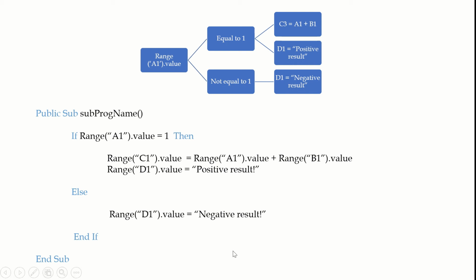If the range A1 value does not equal 1, if it's any other value than 1, then it's not going to execute this portion of code, but rather it's going to execute range D1 value equals a negative result. That's all. So it's going to basically skip these two lines of code above. And same scenario, if range A1 value equals 1, then it's not going to execute range D1 value equals negative result.